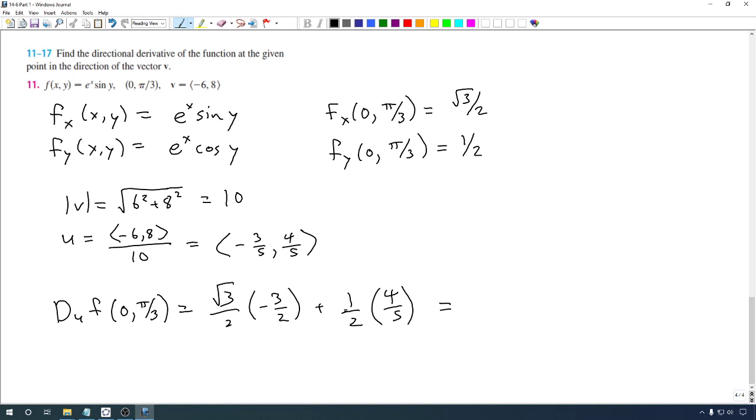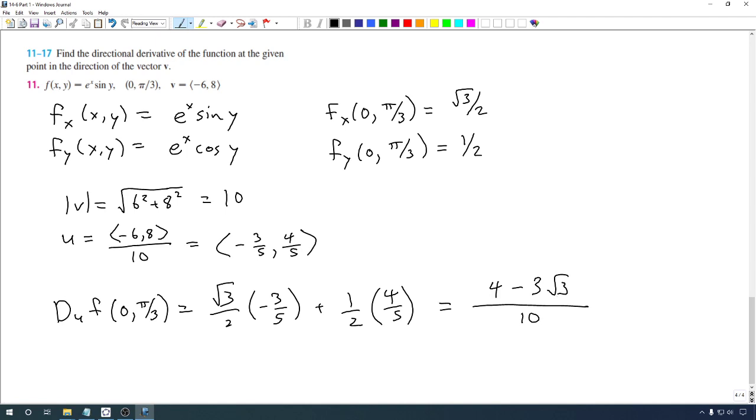Wait. Oh, I see what I did. This should not be a 2. That should be a 5. So everything's going to be over 10 in the long run. But I'll have a 4, then minus 3 square root 3.